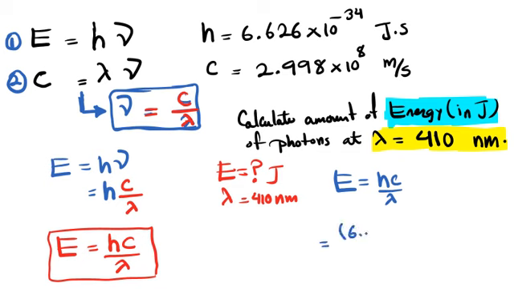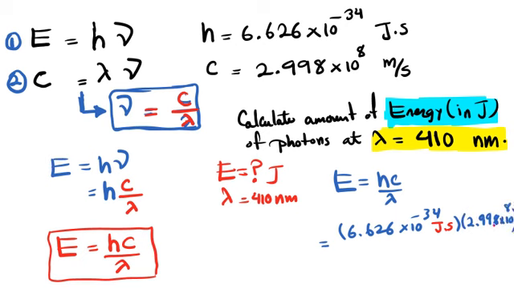h is 6.626 times 10 to negative 34. Let me write the units in another color, to make sure you can visually learn everything based on the unit cancellation.